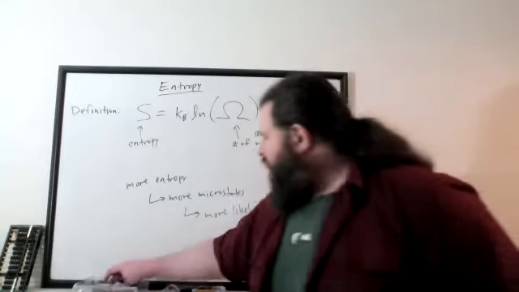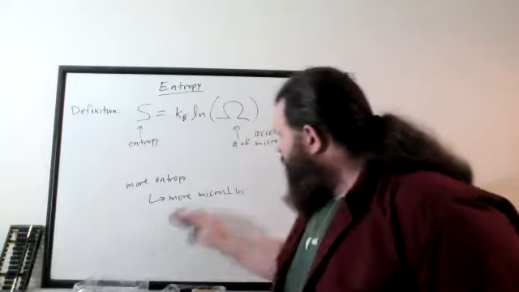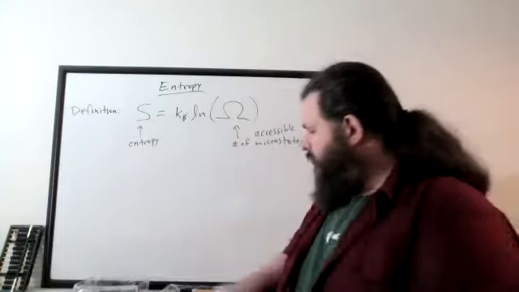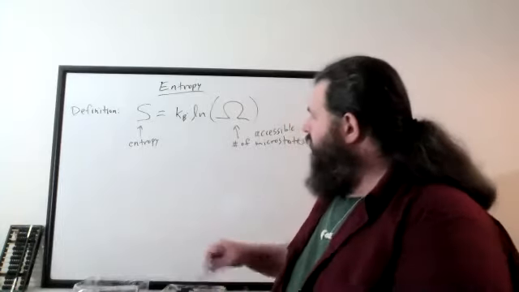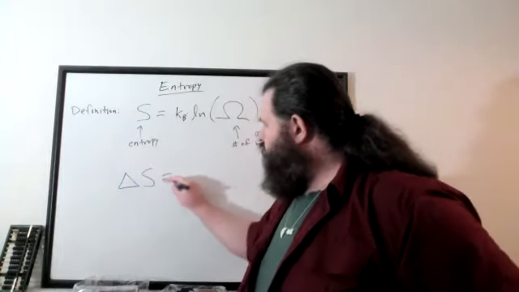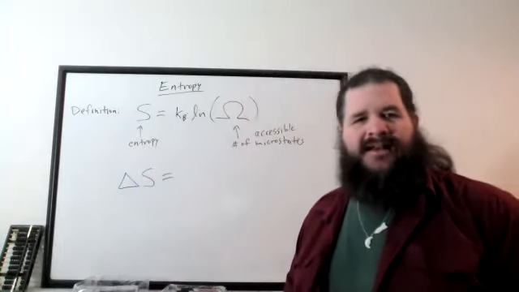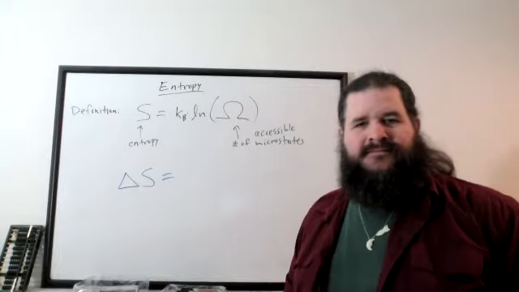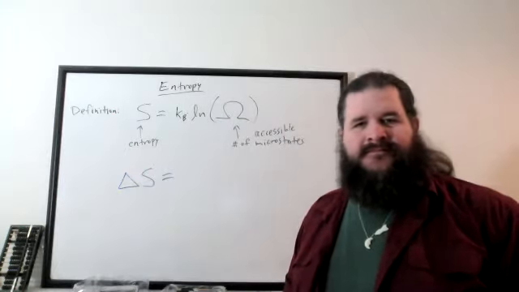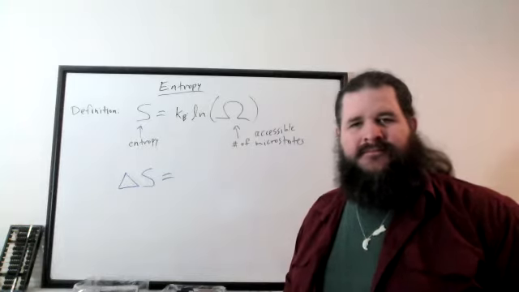We can also look at this in terms of a change, because usually we don't care about how much entropy a system has, we care about how the entropy is changing. So if you write out a delta S, delta entropy, how do you calculate delta anything? Final minus initial.